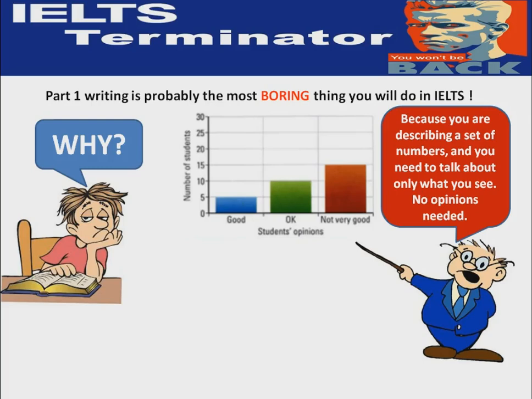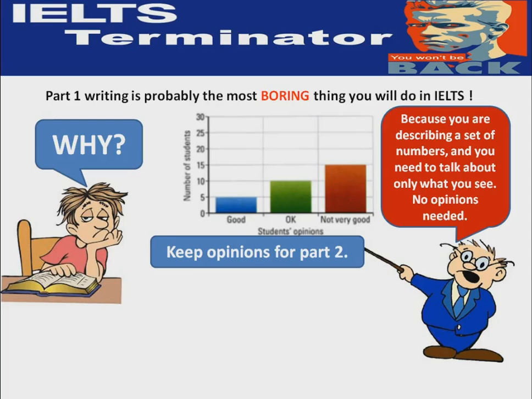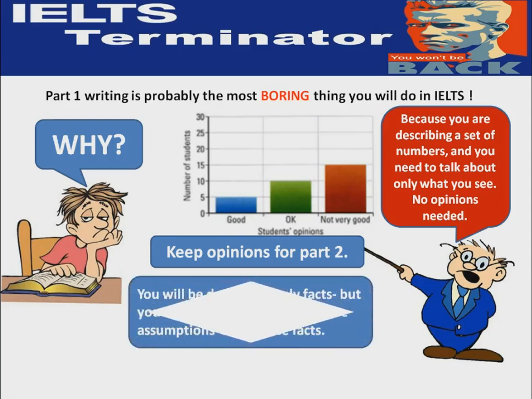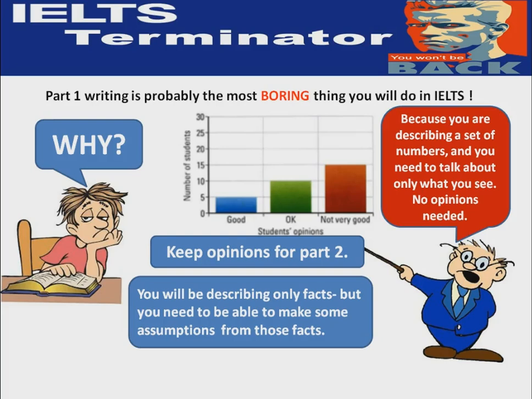In fact, don't waste your time giving any opinions on this part. Keep your opinions for the Part 2 essay, where you are expected to show an opinion. In this part, Part 1, you will be describing only facts, but you may need to be able to make some assumptions from these facts.